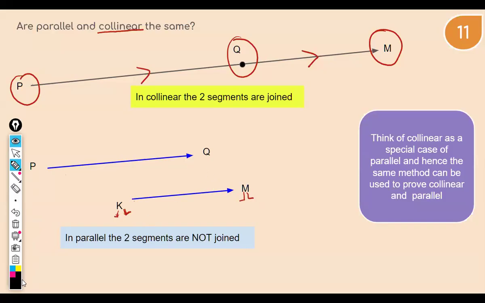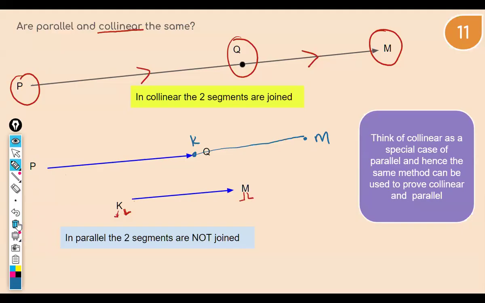So now K goes over here and M goes over here. Where PQ finishes, KM continues. It's a special version of parallel where the two lines are not only parallel, but they touch each other as well. One starts where the other one is finished.